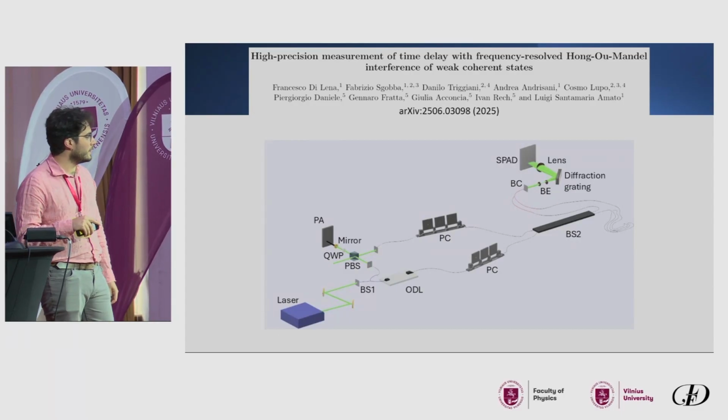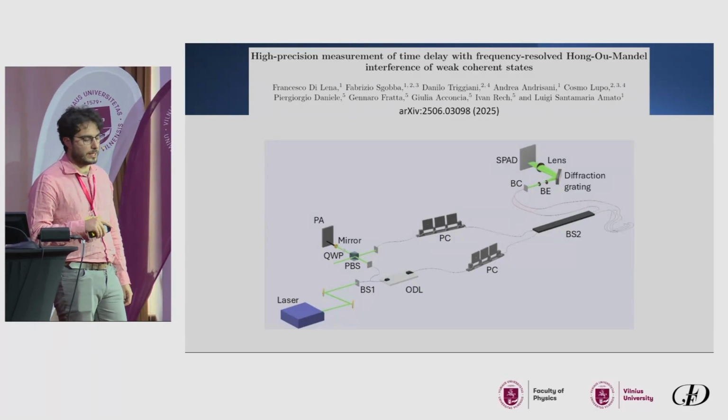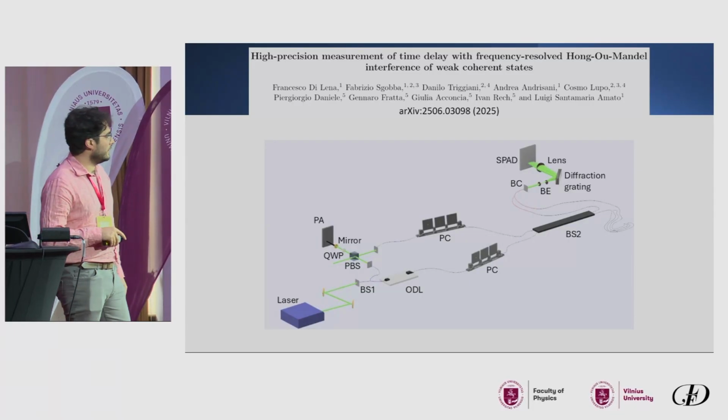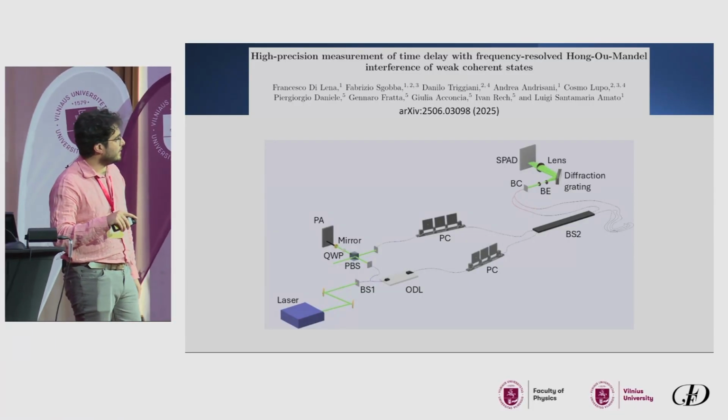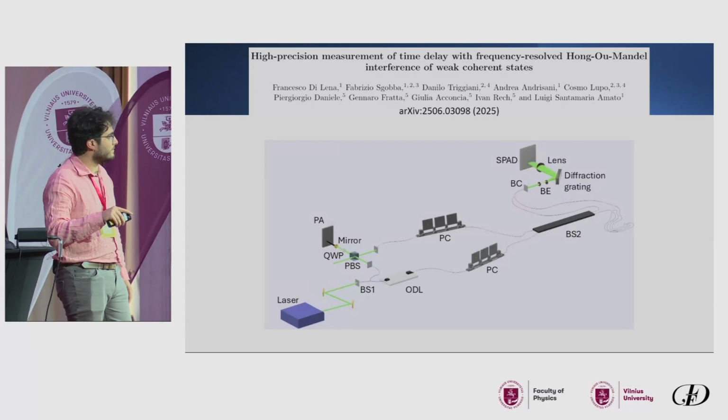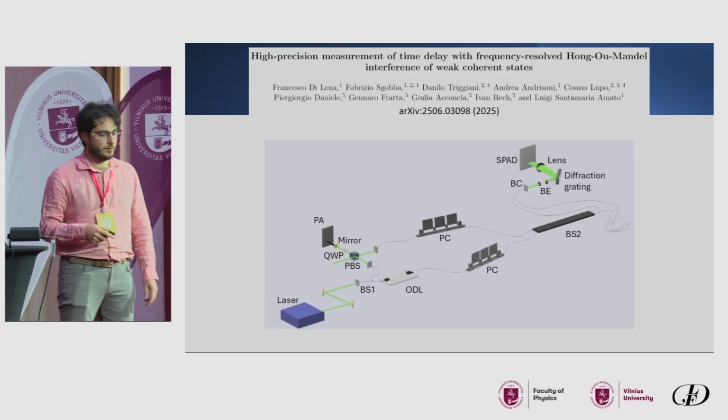So they have to cancel out the first order interference. But anyway, they used a SPAD array with 6 or 7 pixels after a diffraction grating, after a beam splitter, to measure coincidence rate, bunching rate, and also resolving the frequencies.